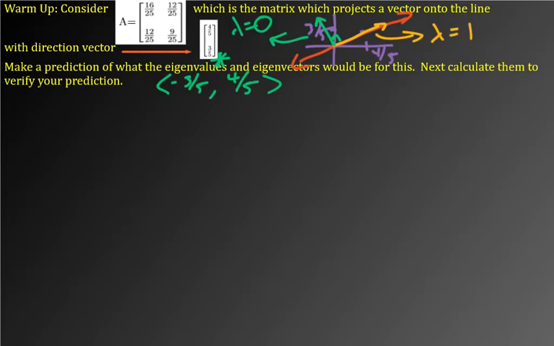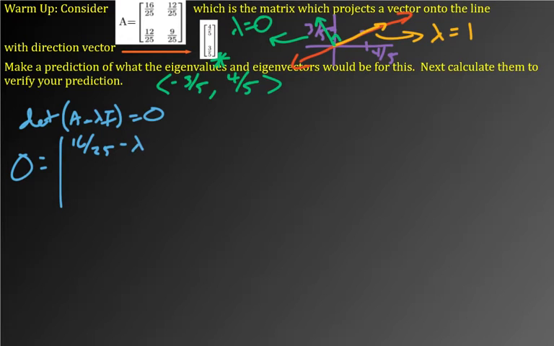But just to show you, I'm going to sketch out the actual calculation. We start off with the determinant of A minus lambda I, and set that equal to 0. So 0 equals the determinant of 16/25 minus lambda, 12/25, 12/25 again, and 9/25 minus lambda.